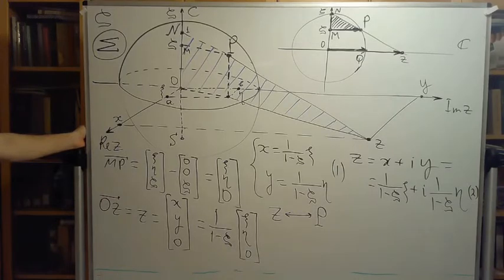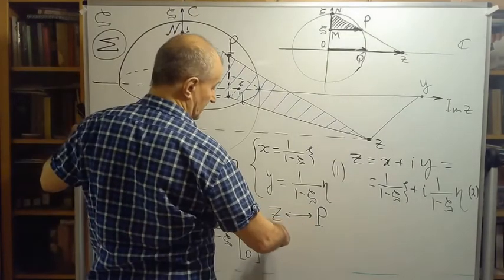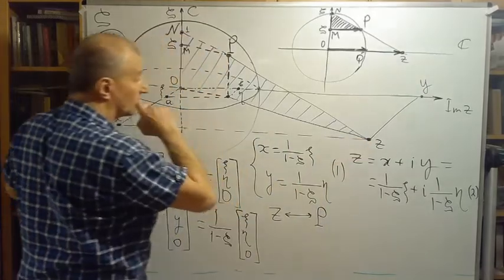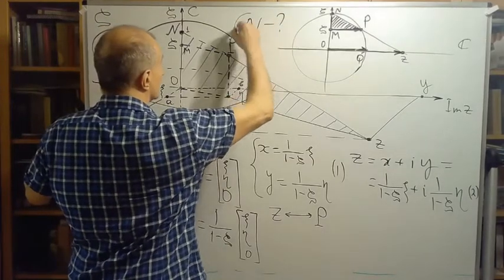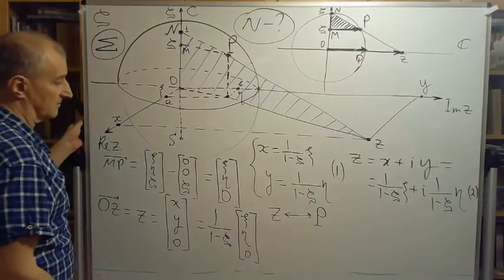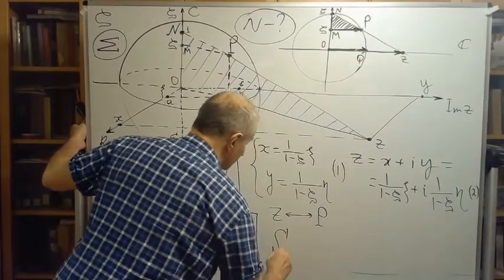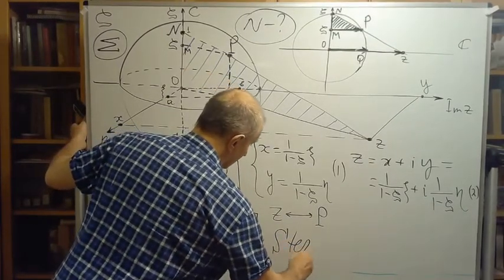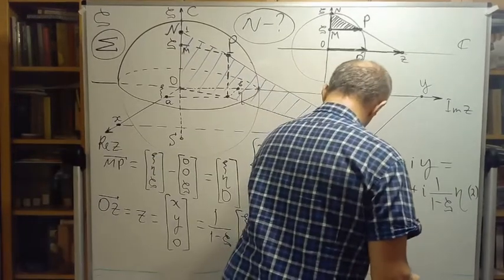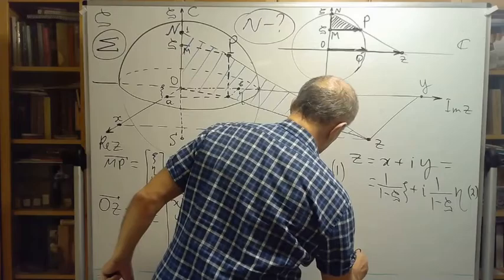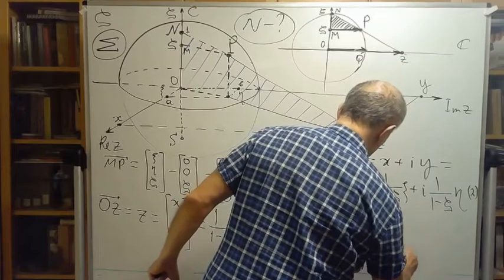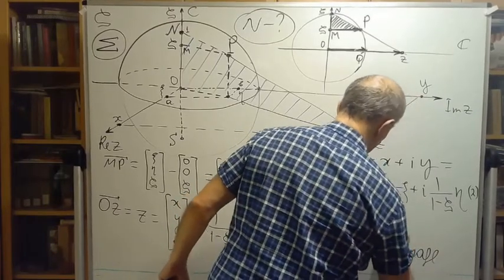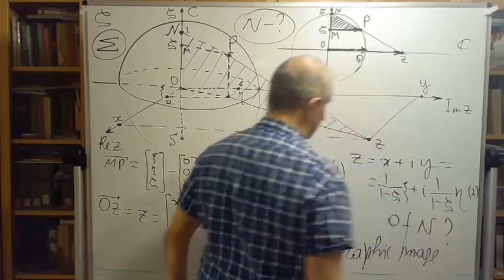And then ask the question. Every point on the Riemann sphere has the corresponding point in the complex plane. Or is it? What about the North Pole? This is the North Pole. What is the stereographic image of the North Pole?